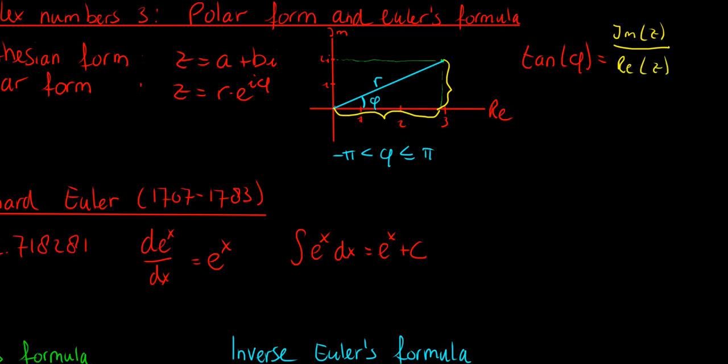Now, to get phi, we have to do the opposite of the tangent, and the opposite is the inverse tangent, also called the arctangent, of course, of the imaginary part of our complex number divided by the real part. Or in other words, this is equal to b, and this is equal to a.